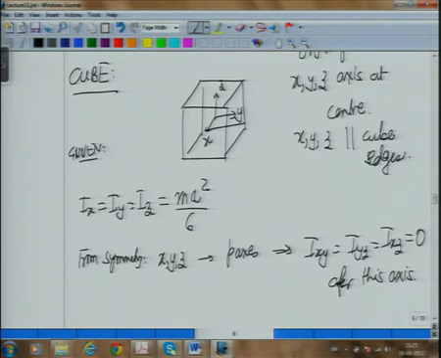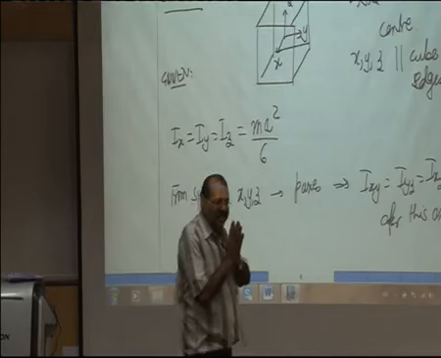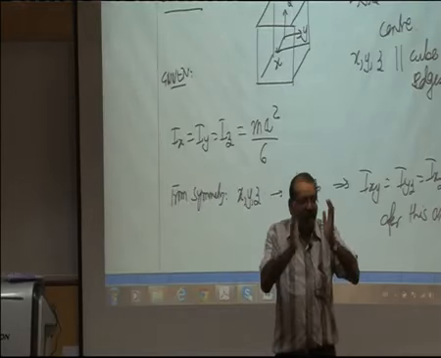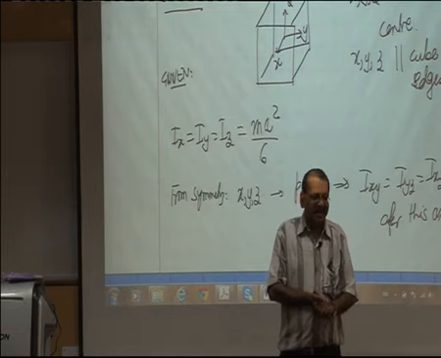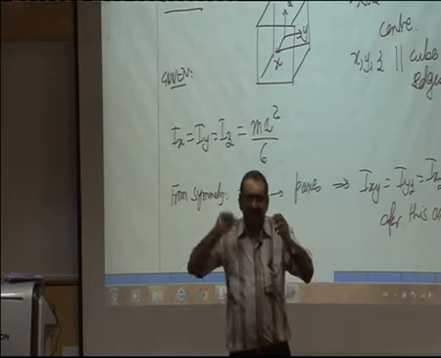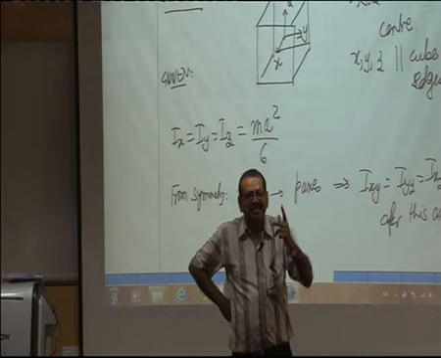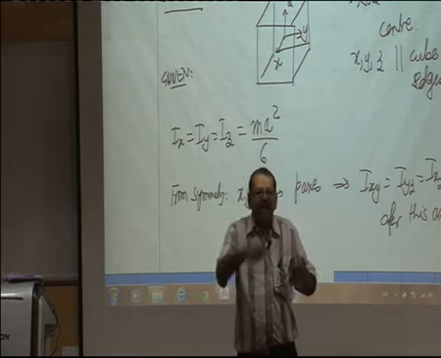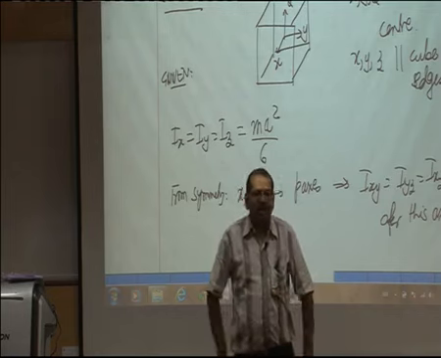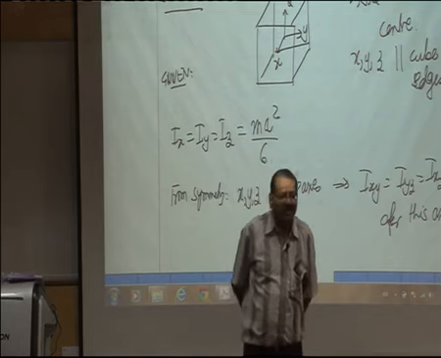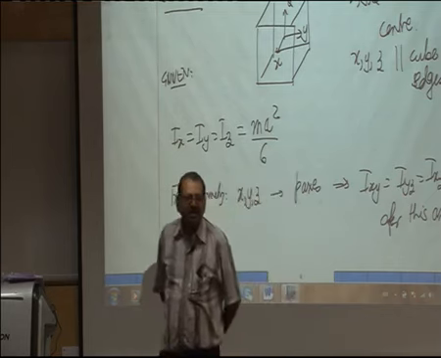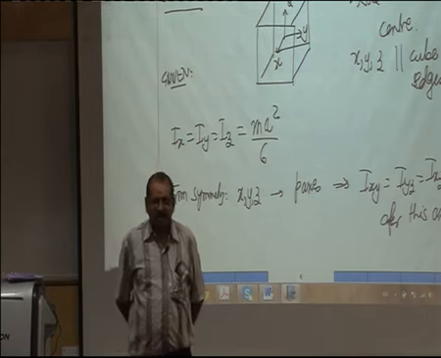Now, let us go to our original argument, where we said if we have a set of principal axes and if the three eigenvalues are equal, what deduction did we have there? Any vector is an eigenvector.